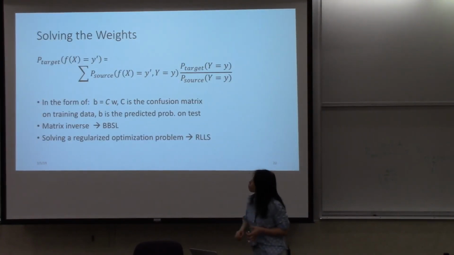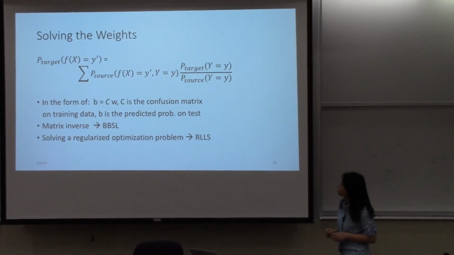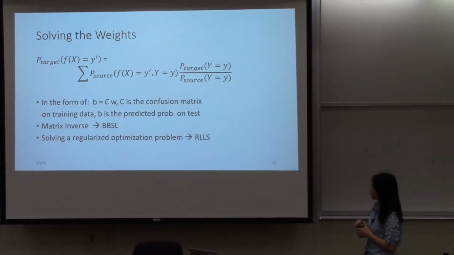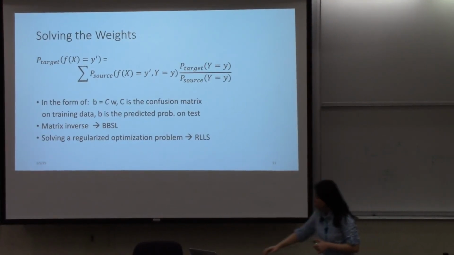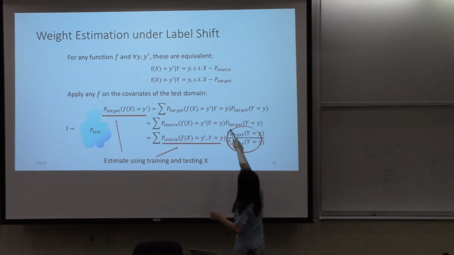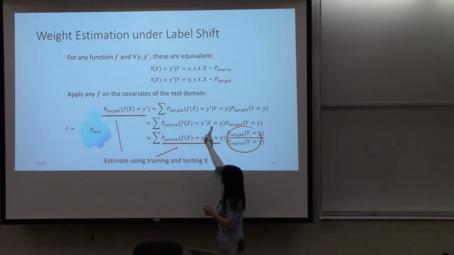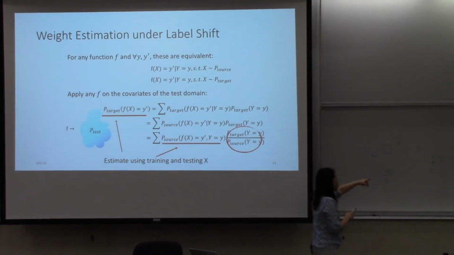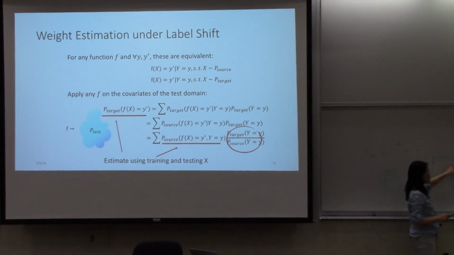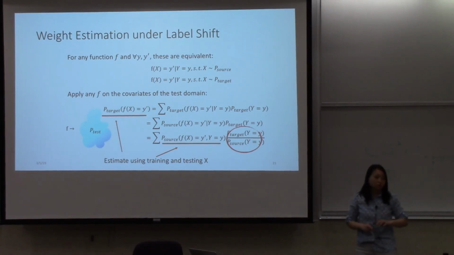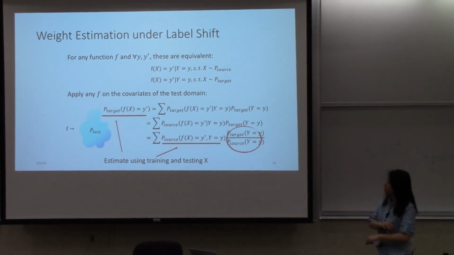And you are using the invariance of the generative distribution. Here, this step is just using the assumption that p of x given y is equivalent between the two, so that after you apply the same predictor, it is still equivalent. That's the crucial thing. Otherwise, you wouldn't have it.